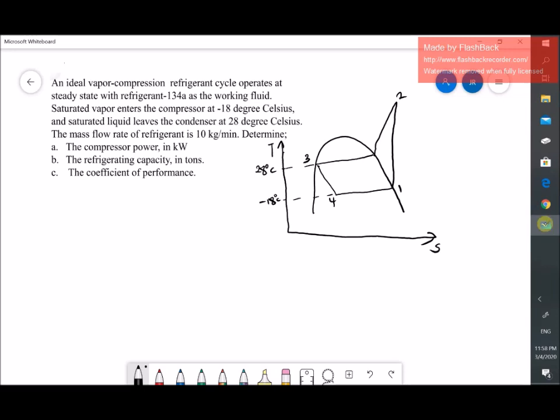All right. Step 1 is to find the enthalpy at point 1, point 2, point 3, and point 4. Now, if you remember in our first video, I was saying that at stage 1, the enthalpy is gaseous. At stage 2, it is also gaseous because the compressor compresses the low vapor refrigerant to a high vapor refrigerant.